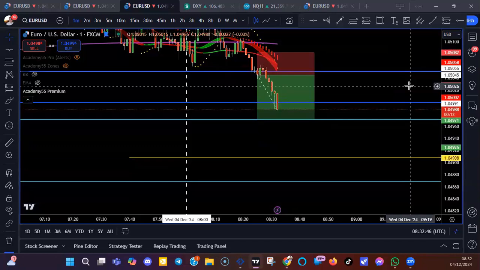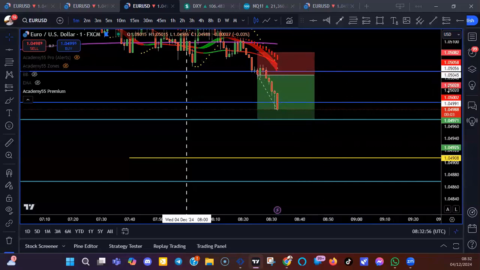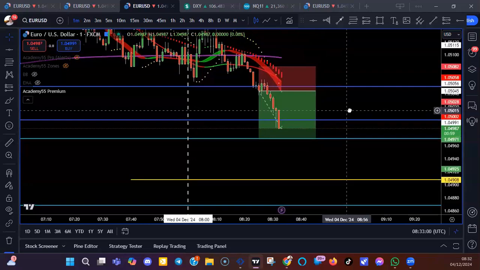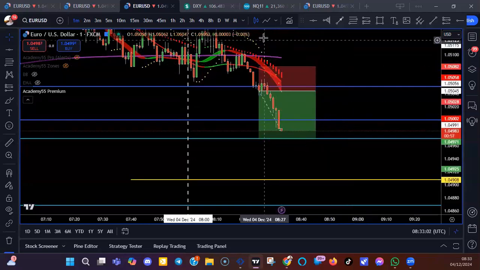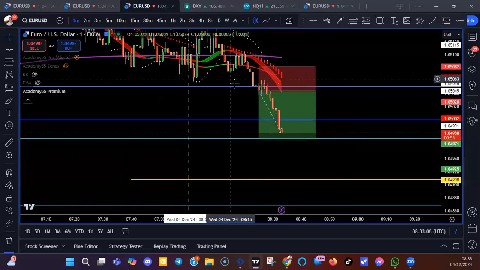That is the key feature. Protect your equity. And now we've got another key area down here. And that's how I would have handled that trade if we had a seller there.